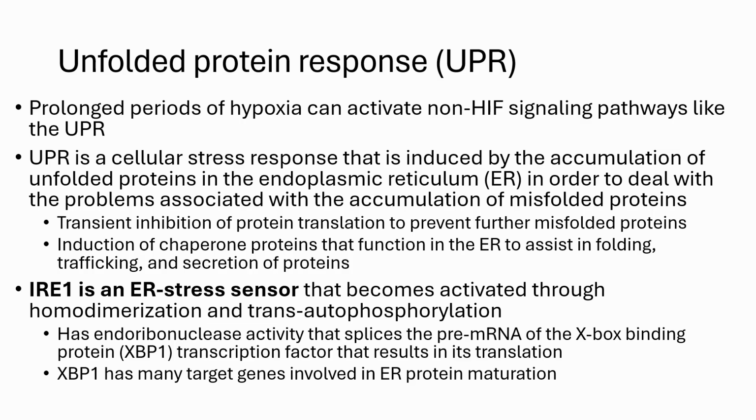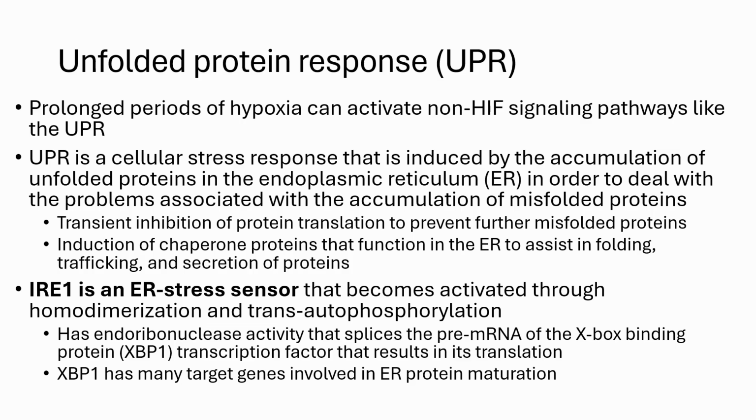We have this protein called IRE1, an ER stress sensor that becomes activated through homodimerization and trans-autophosphorylation. It has endoribonuclease activity that splices the pre-mRNA of the X-box binding protein, or XBP1 transcription factor, which results in its translation.